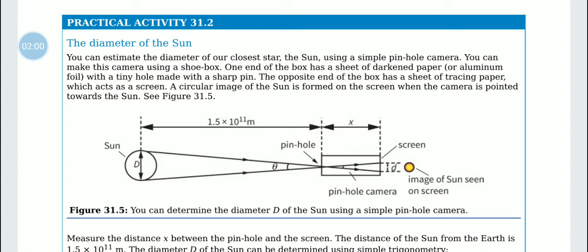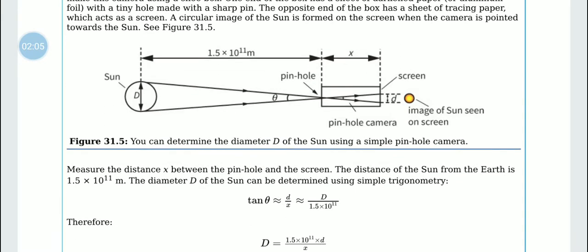So we use the distance between the sun and the box, and also between one end of the box and the screen. We get these values, and using simple trigonometry we figure out the diameter. The simple equation is tan theta equals d upon x, which is equal to D upon 1.5 into 10 to the power 11.